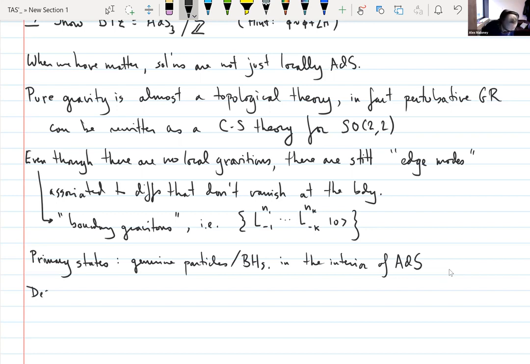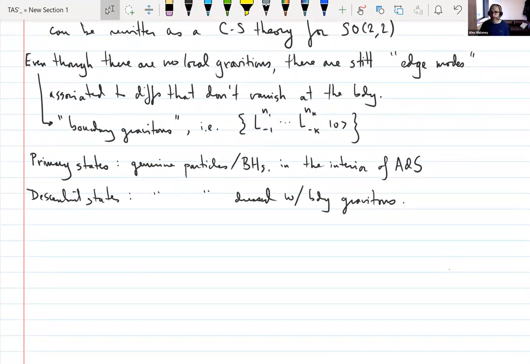Whereas descendant states just correspond to these things dressed with some set of boundary gravitons. Okay. So in particular, let me just end with a picture of the spectrum of gravity in AdS.